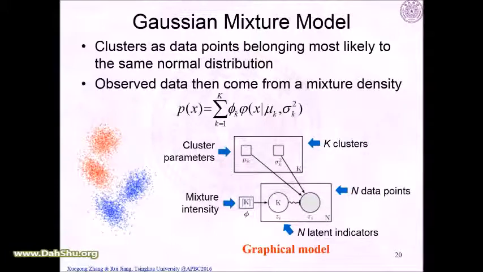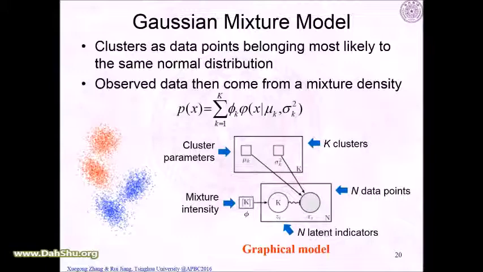The data is a random sample from this mixture of different clusters, different density functions, and there is a random parameter that decides which cluster the sample is from.